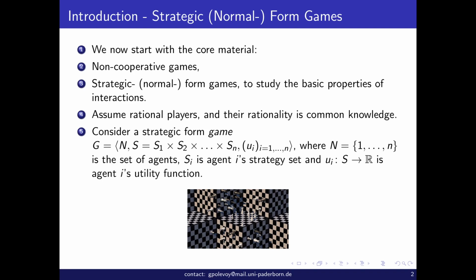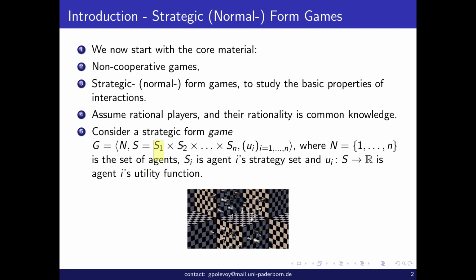It's a tuple made of capital N, a finite number of these N players, a strategy set Si for each player, and the set of all the possible strategy profiles S. It's simply a Cartesian product of the strategy set of the first player times, in the sense of the set product, the strategy set of the second player, and so on till the last player. And finally, of course, the utility functions.